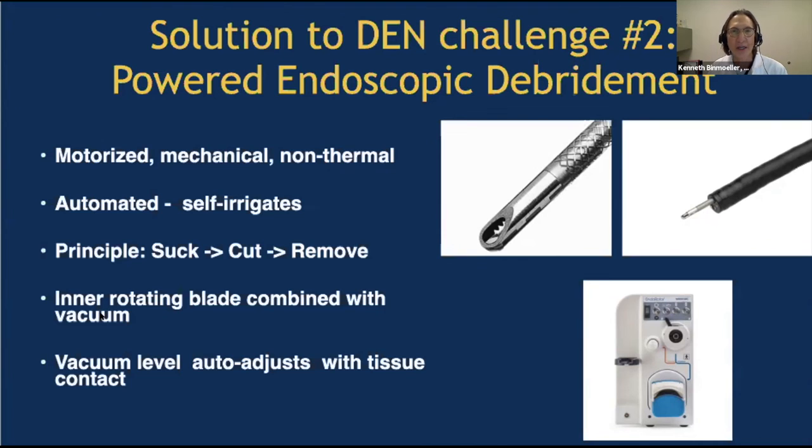And that was done underwater. So of course I love it. It's all done underwater. That's how I like to do it. And the vacuum level auto adjusts with tissue contact. That's pretty cool. So with that, thank you very much. And I'm so excited about this new space of the extraintestinal frontier that we are now conquering.